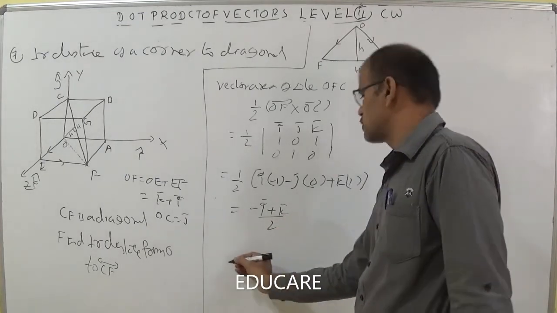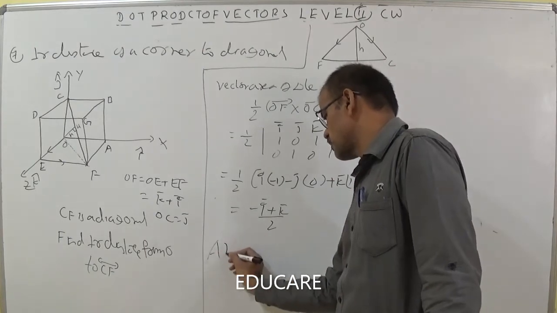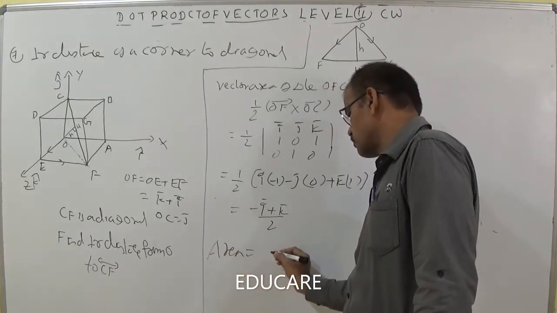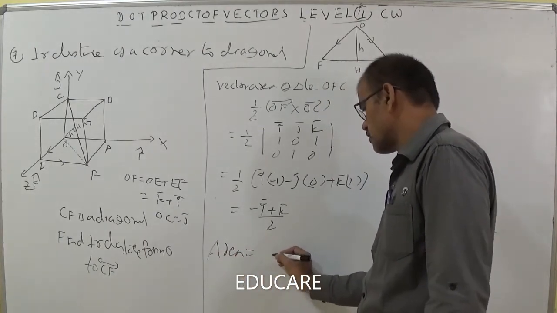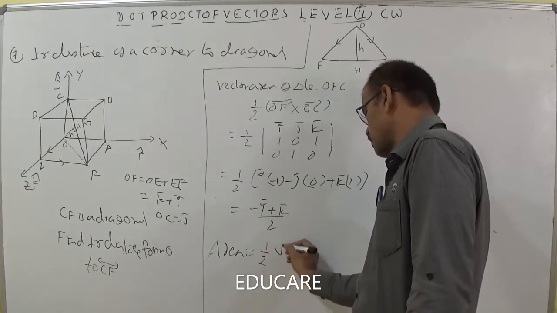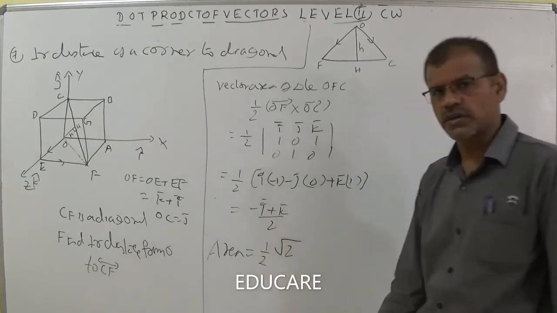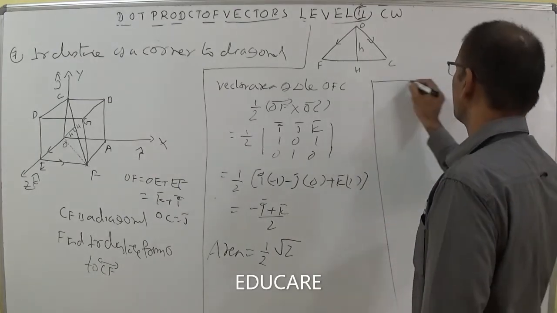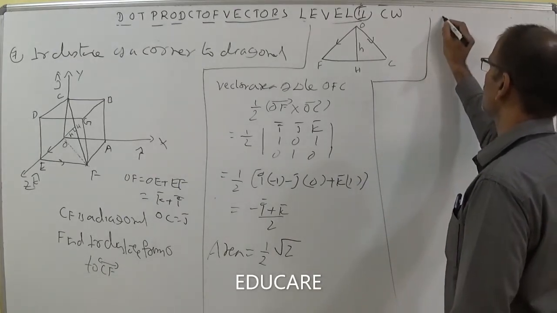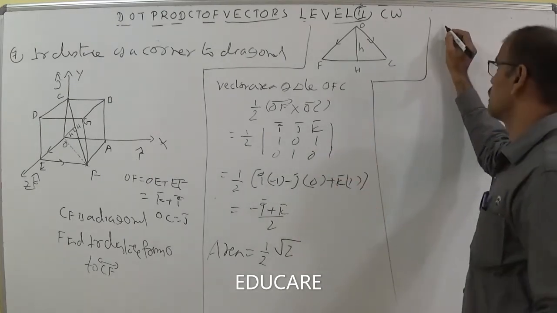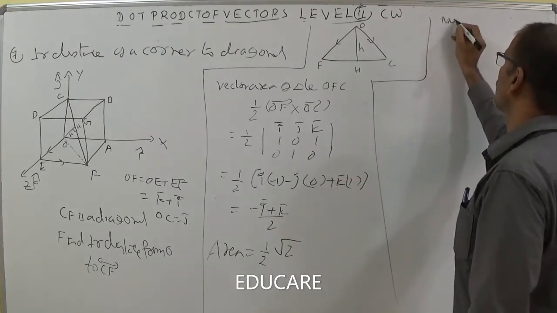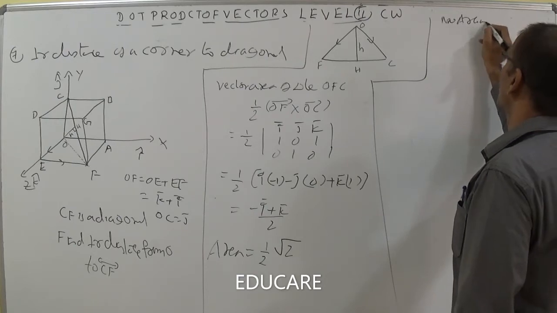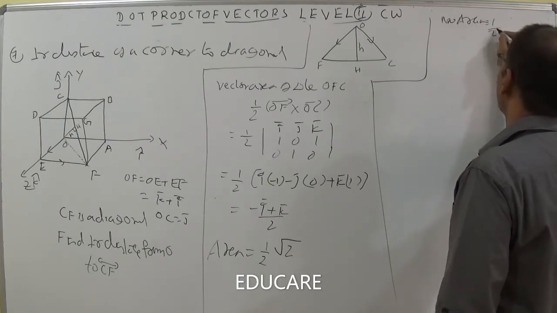Magnitude of the area, simply capital A. Area is equal to half into root 2, taking 1/2 common, because of the component square plus component square concept. Now, equating the vector area to the general area formula, half into base into height.